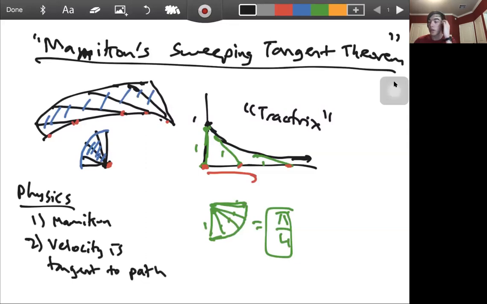Here, the green segment refers to the velocity. That's the direction the point is being pulled in. And the black path is the path that it moves. A very common concept in physics is that the direction you're moving in, your velocity, is instantaneously tangent to your path. So that's why we can use this Mamikon sweeping tangent theorem.